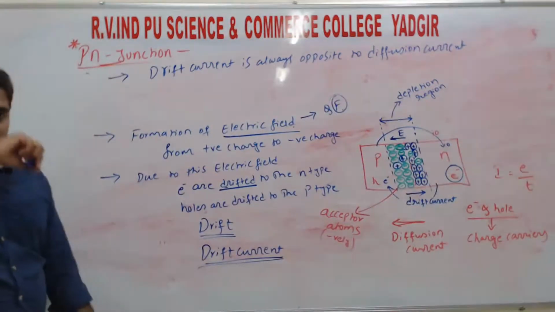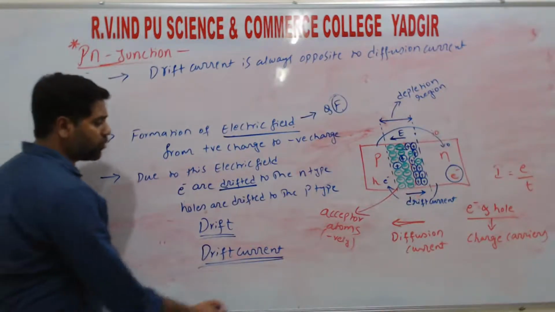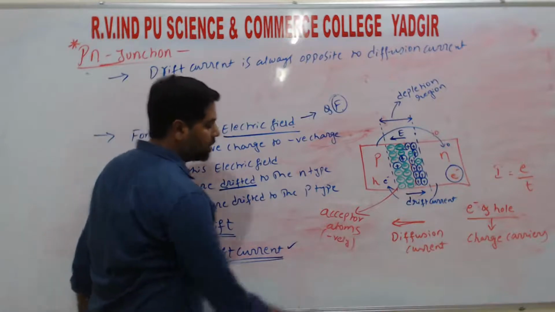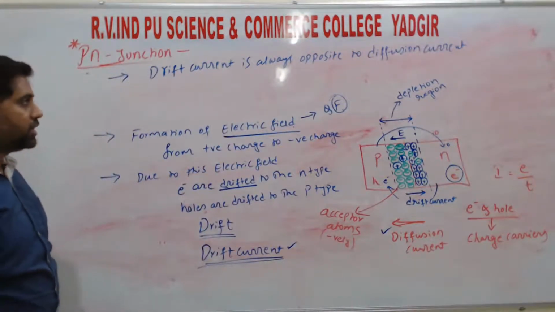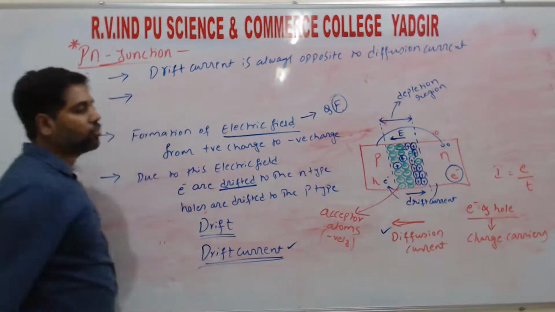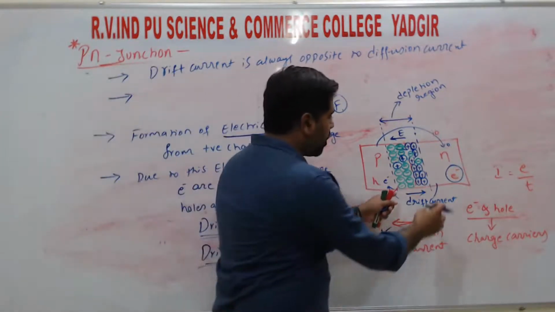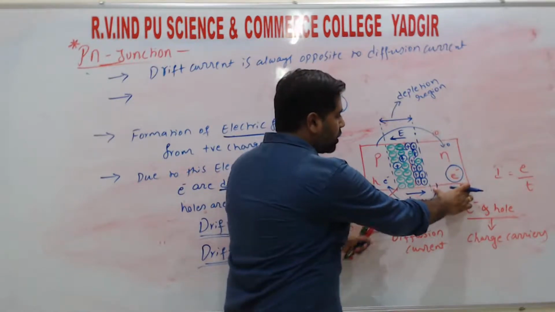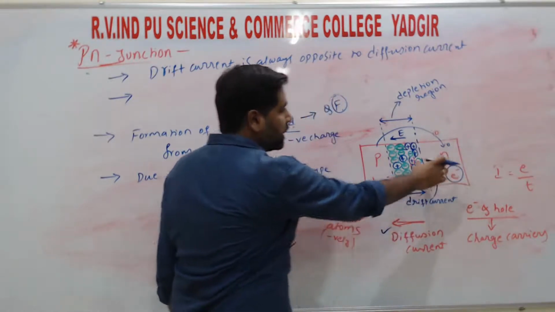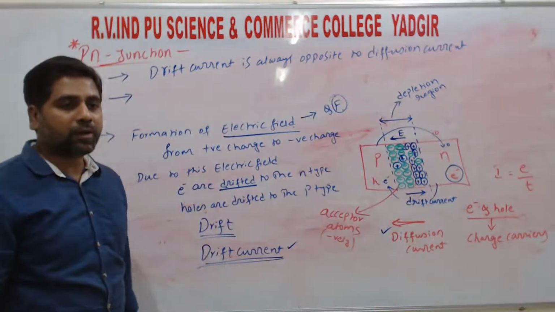Right? So as we are discussing the current, one is drift current and another one is the diffusion current, right? So in the initial state, the formation of the depletion layer is very less compared to the availability of the electrons in the n-type and p-type semiconductor.